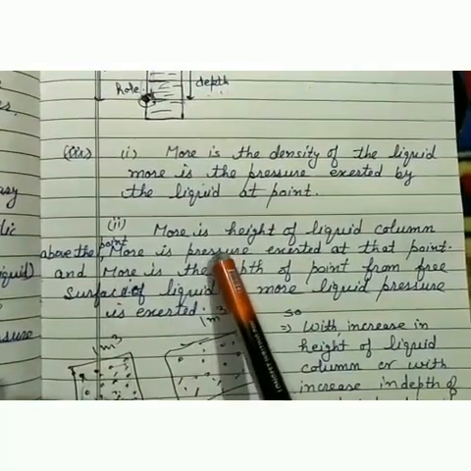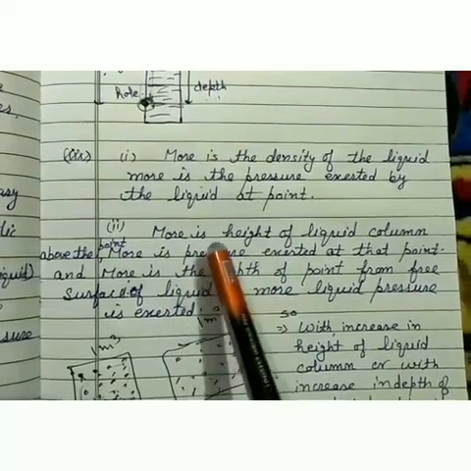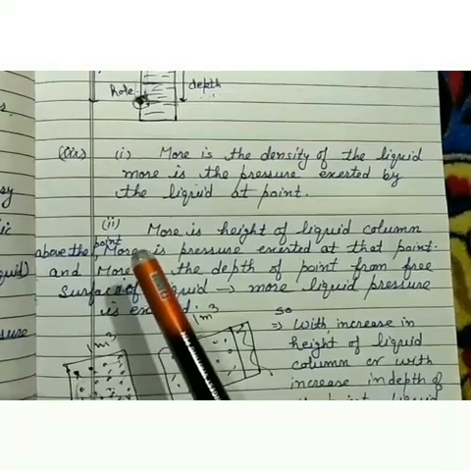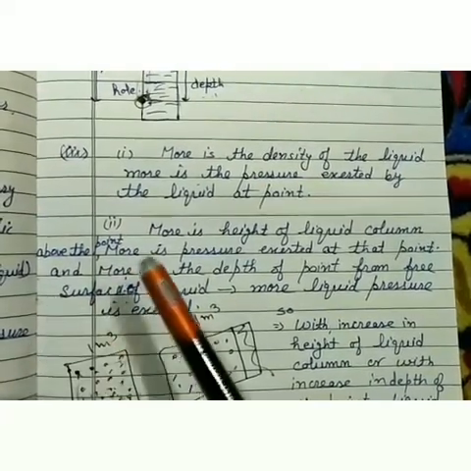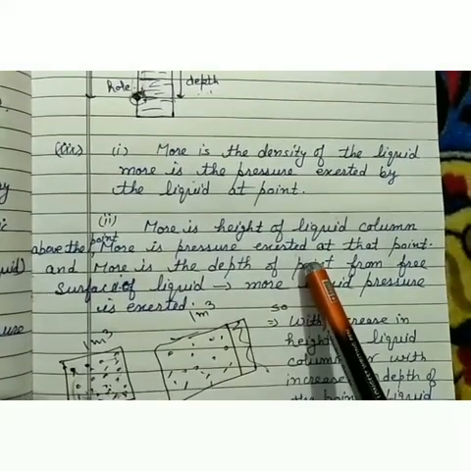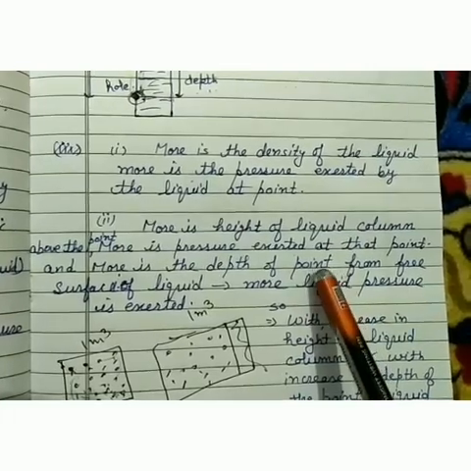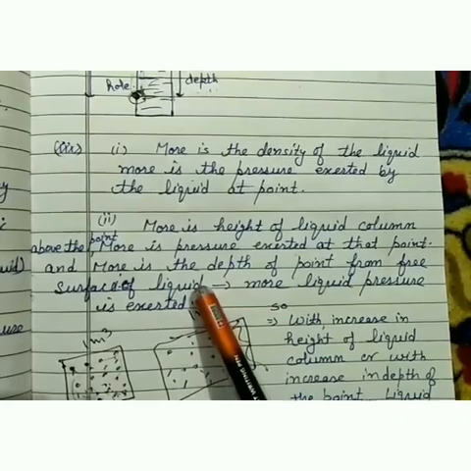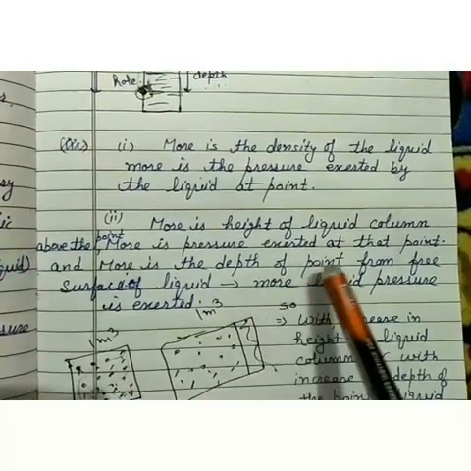Number two, which we conclude from the activity, is that the more the height of the liquid column above the point where we want to find the pressure, or the more the depth of the point from the free surface, in both cases the liquid pressure increases.